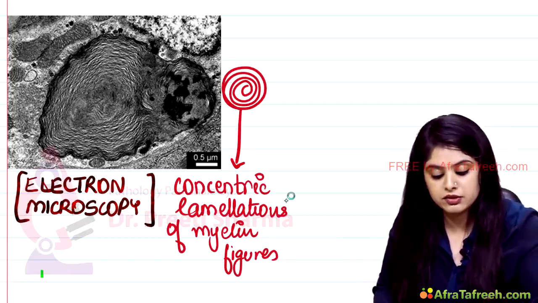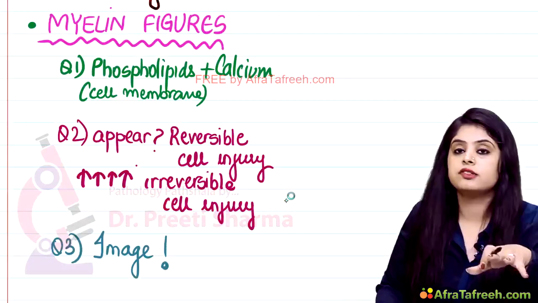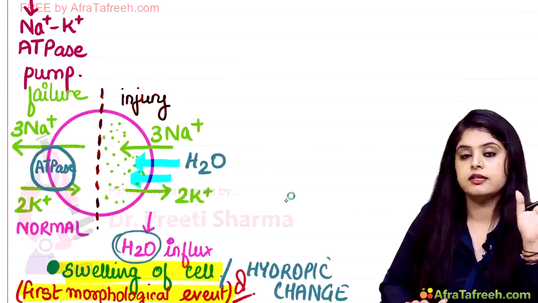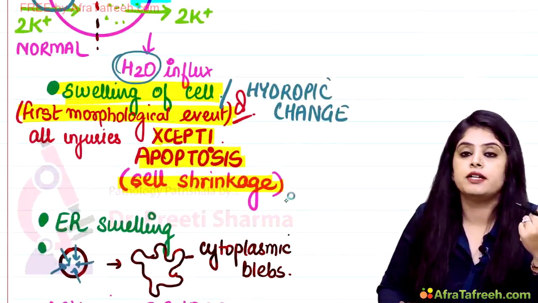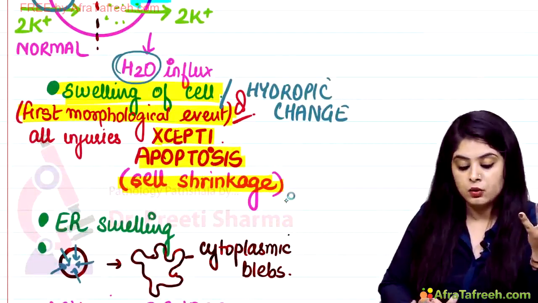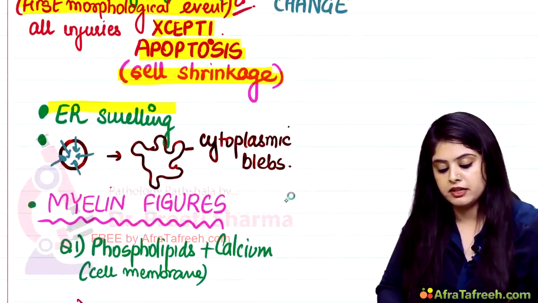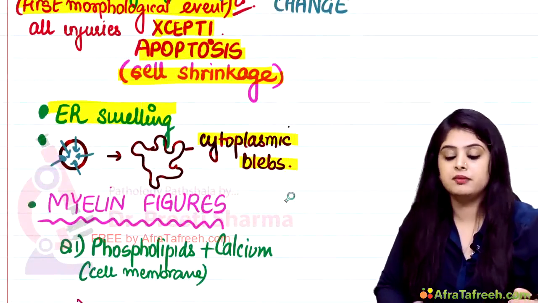So coming back, students, I want you to recall that when there was a sodium potassium ATPase pump failure, a lot of water started entering the cells, as a result of which the first morphological event occurred, that is cellular swelling. With more water entering the cell, we had endoplasmic reticulum swelling. With further water, we had cytoplasmic blebs.